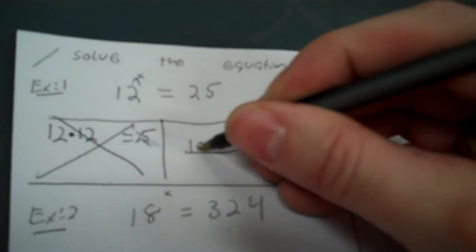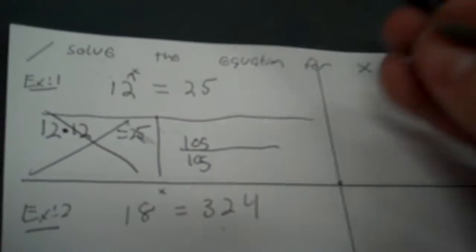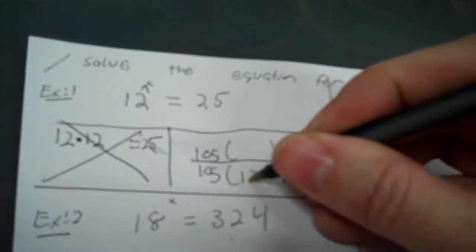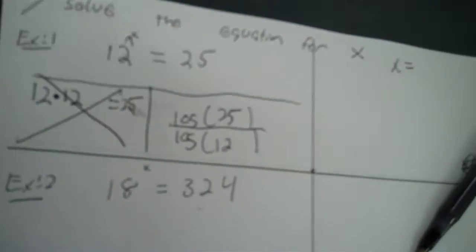So then what I need to do instead is set up that log that I showed you yesterday, okay? So you make the two parentheses, you put the base on the bottom, the 12, and 25 on the top, okay? So you take log 25 divided by log 12.